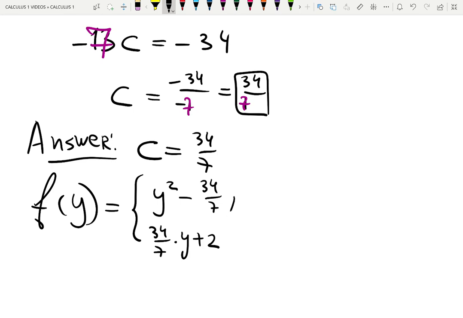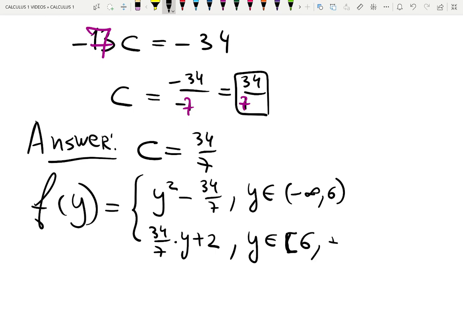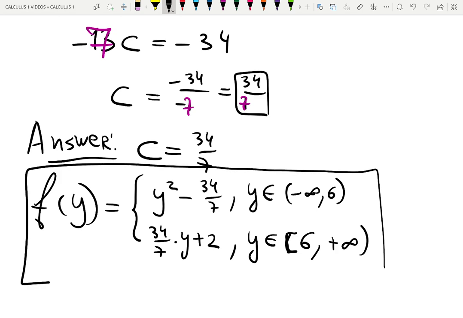The first equation happens when y is from minus infinity to 6, but not including 6. And the second equation happens when y is from 6, including 6, to plus infinity. This function is continuous for all inputs y.